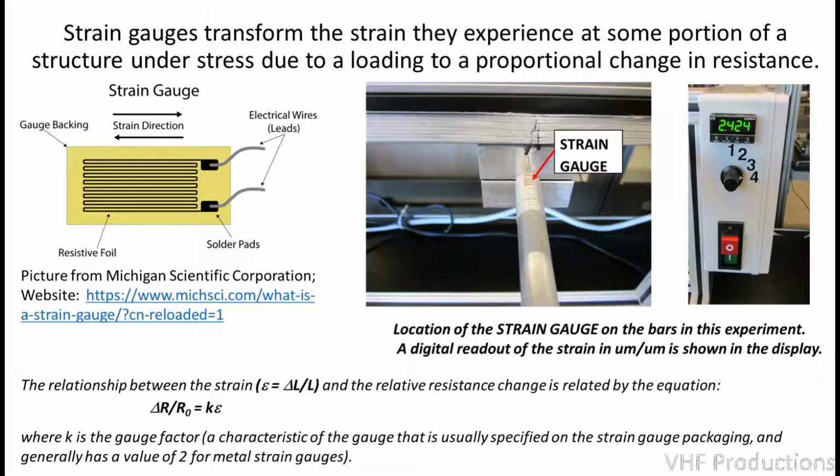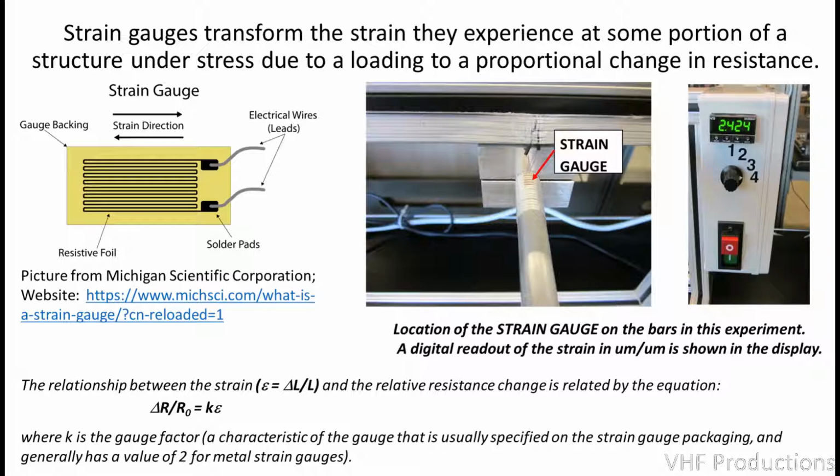We've built a special fixture for assessing the strain directly, and each cantilever beam to be used in this lab has a strain gauge mounted on it, right at the hinge point on the top surface of each beam. We will be using that strain gauge in order to measure the strain introduced from the loading of the beam. However, the change in resistance of that gauge itself, even when strained quite a lot, is a very small value.